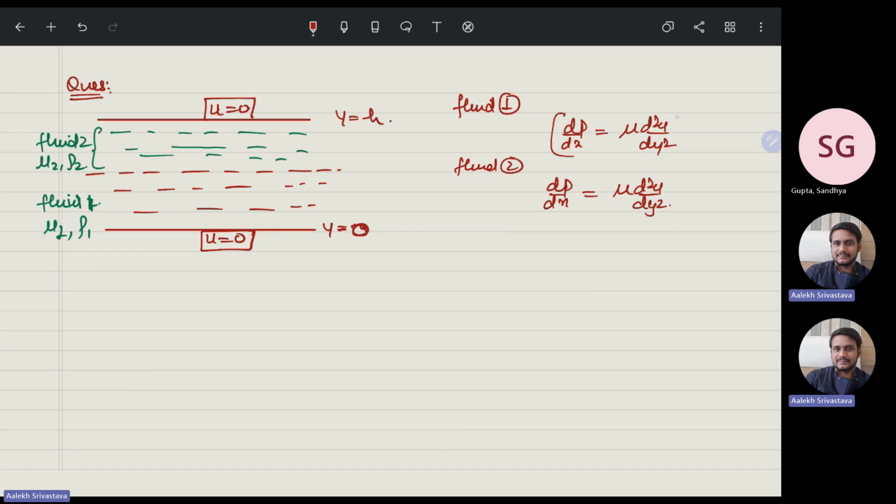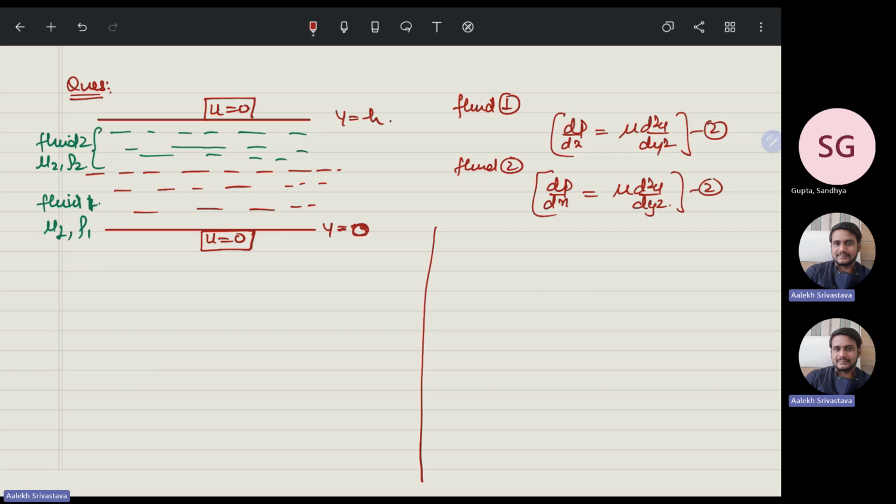We need two boundary conditions for each, but we have only two boundary conditions, not four. So we need to induce or generate two boundary conditions that we are not seeing, but they are there.